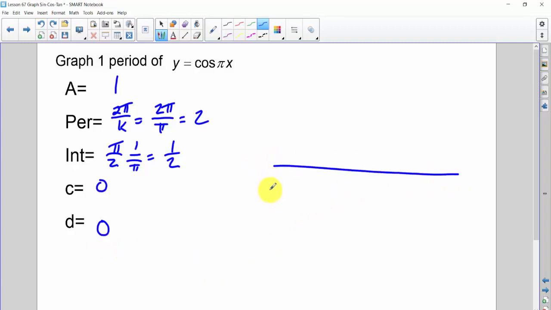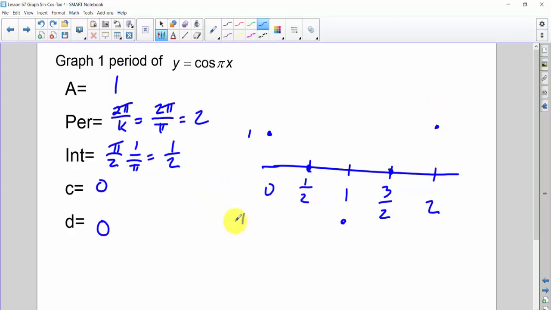Here's a cosine graph, so I usually start at 0 and go by pi over 2's, but I'm now going to go by half, so this is a half, 1, 3 halves, and 2. And then this is a cosine graph, so instead of starting at 0, 0, I know that the cosine value at 0 is 1, and then I go down to 0, -1, 0, and 1.